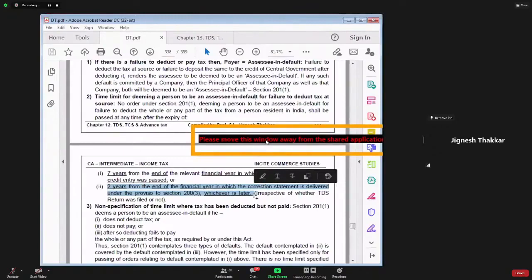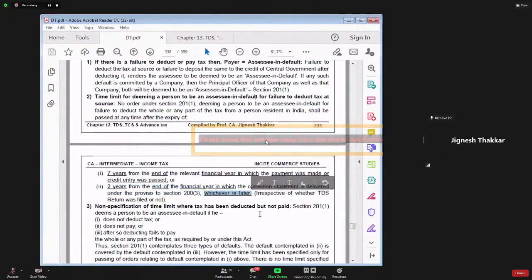Within 2 years from the end of the financial year in which the rectified TDS return is filed. You calculate these two periods. Out of these two, you select whichever is later. By that date, the income tax department has to pass an order considering the payer to be assessee in default.